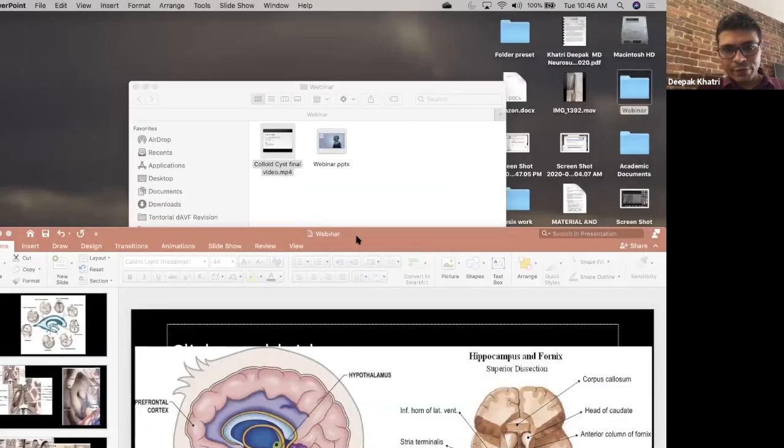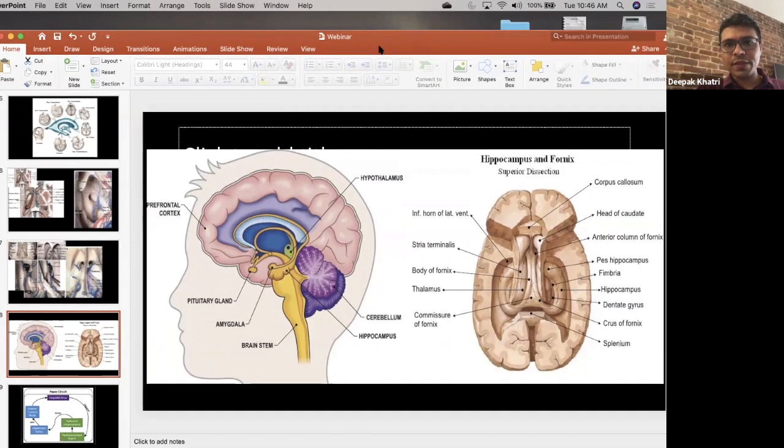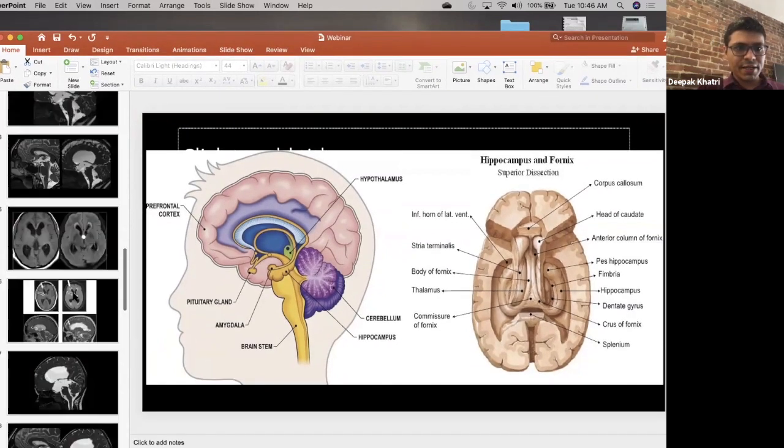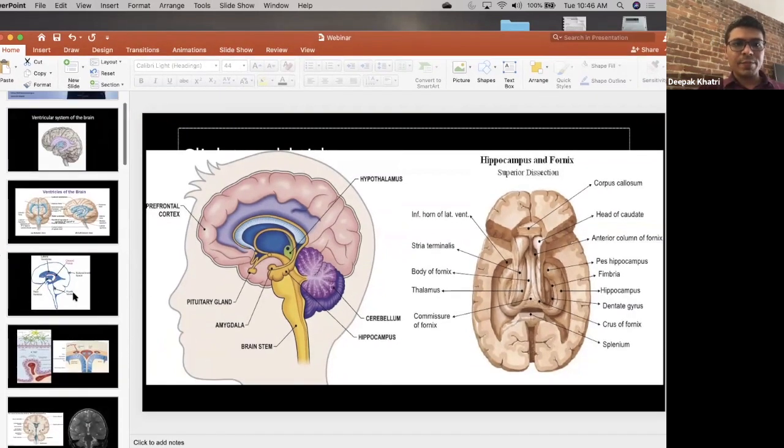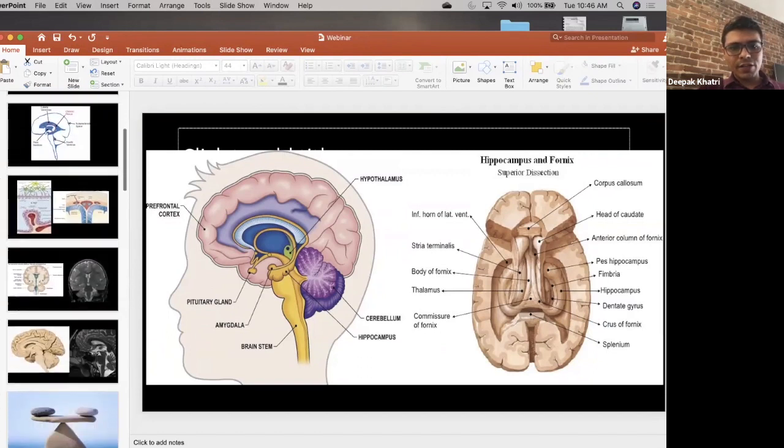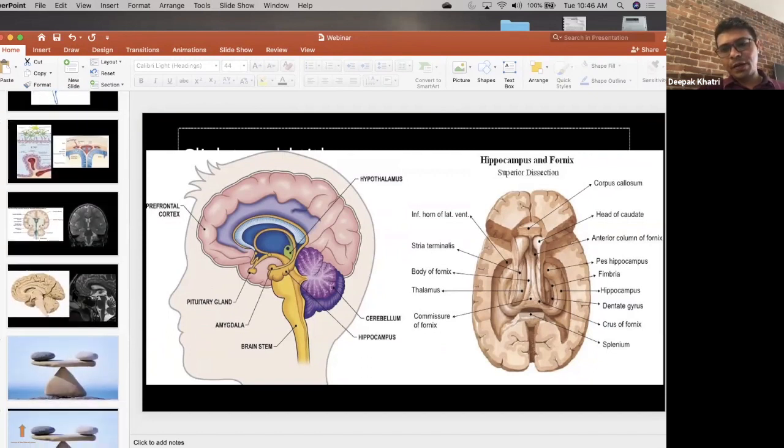So I would say the takeaway points from this presentation is to know your anatomy well when you are attempting to remove any lesion in the ventricle.